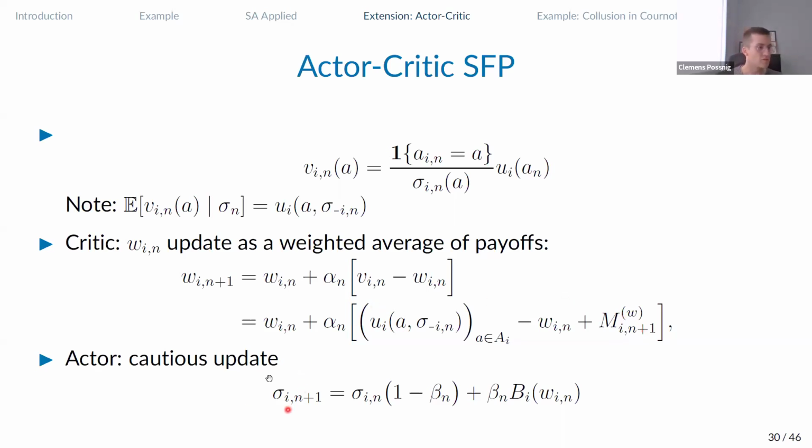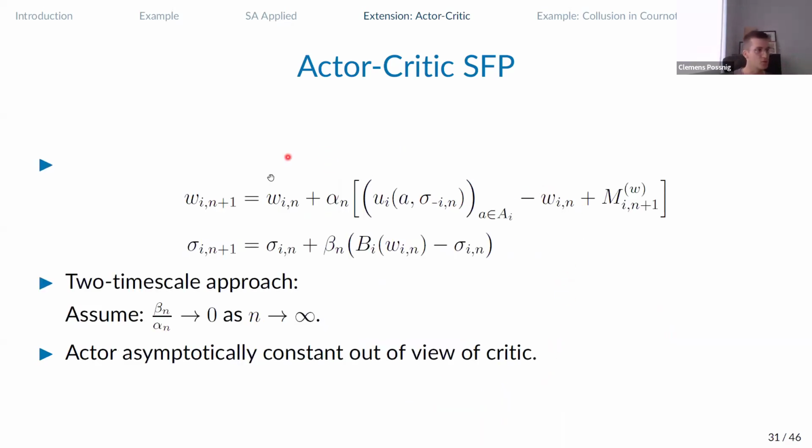For the actor, we'll introduce this cautious update. Tomorrow's mixed strategy is today's mixed strategy in a convex combination plus this B_i softmax term given the current weights. So instead of jumping directly to tomorrow's softmax of tomorrow's weights, we're going to be cautious in our update and form this convex combination for some sequence beta_n.